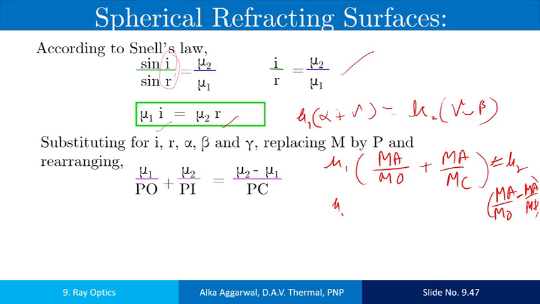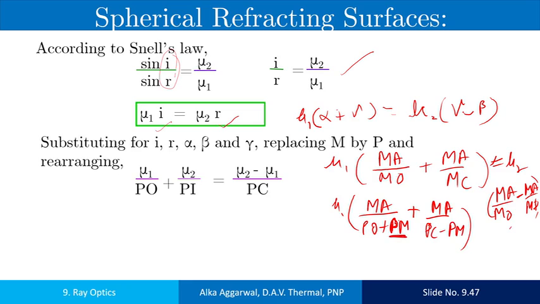So mu1 times (MA upon MO plus MA upon MC) equals mu2 times (MA upon MC minus MA upon MI). MO is equal to PO plus PM, and MC is equal to PC minus PM, and similarly for the other terms.